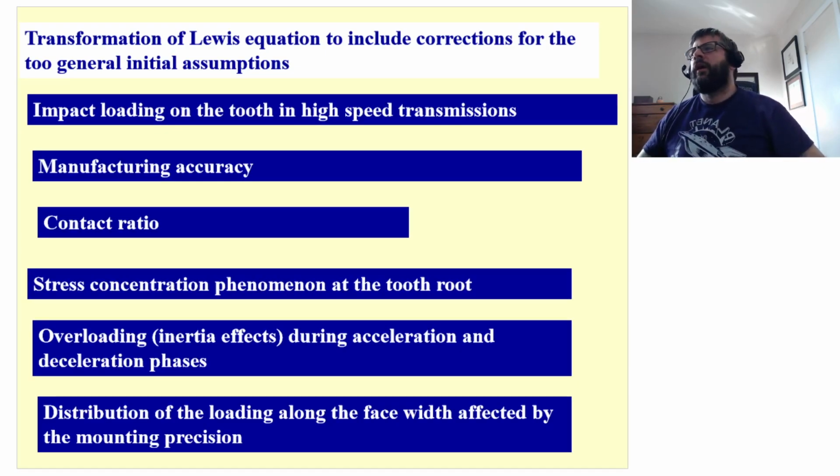So when you have really high speed transmissions, you're going to get the teeth coming together. If they're coming together at a high speed, then that counts as an impact loading. So that's going to cause a bit more stress than would have otherwise occurred. You can have good accuracy or poor accuracy.